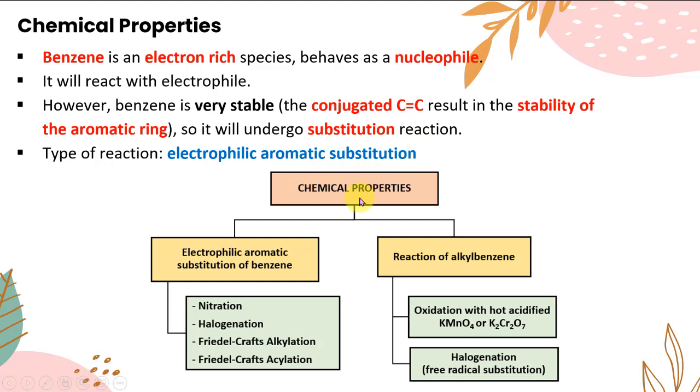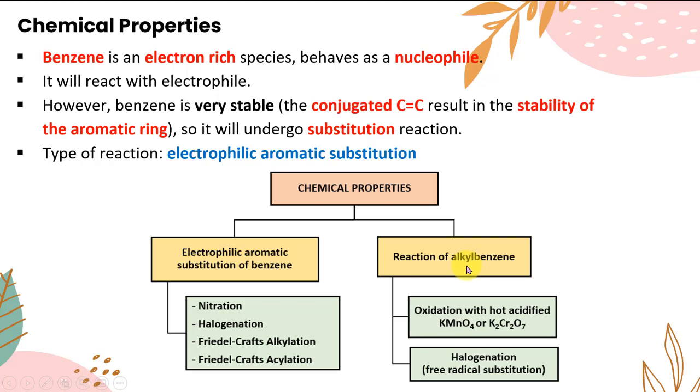So the chemical properties of benzene are basically classified into two categories. The first one is electrophilic aromatic substitution, which includes nitration, halogenation, Friedel-Crafts alkylation, and Friedel-Crafts acylation. Another type of reaction occurs at alkyl benzene, meaning the reactions occur at the alkyl substituents.